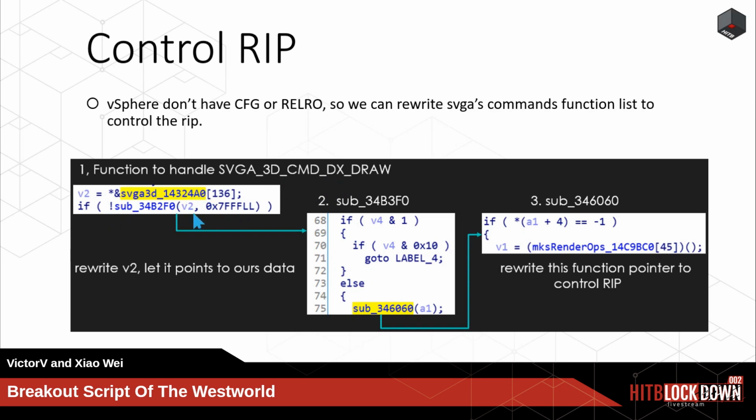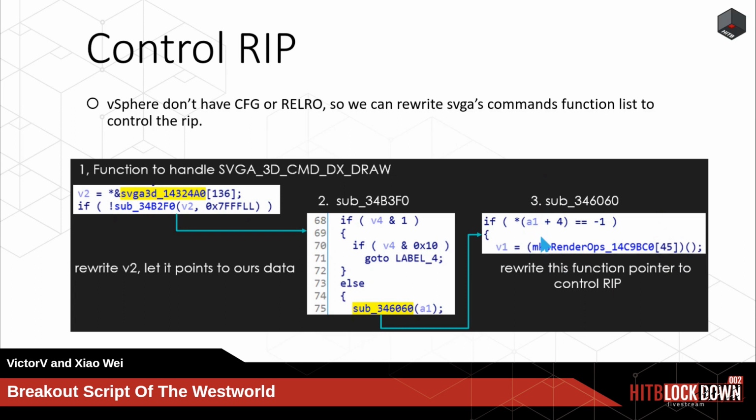Then it will call this function, and this function, and this function. And the RDI is equal to A1. So we can control IP with our arguments.